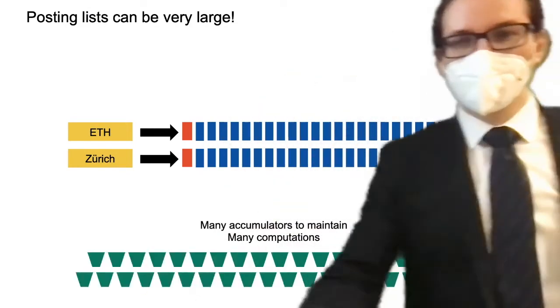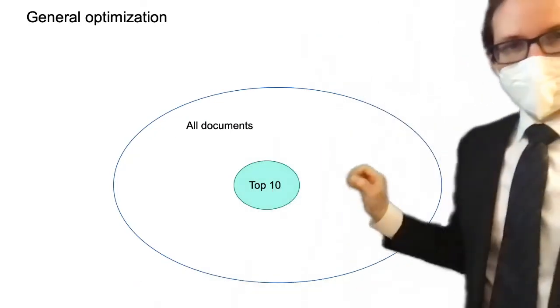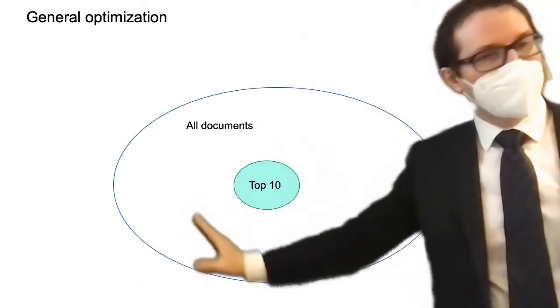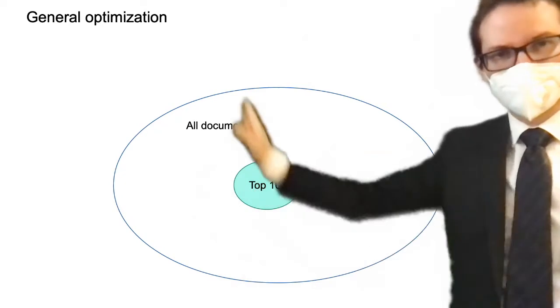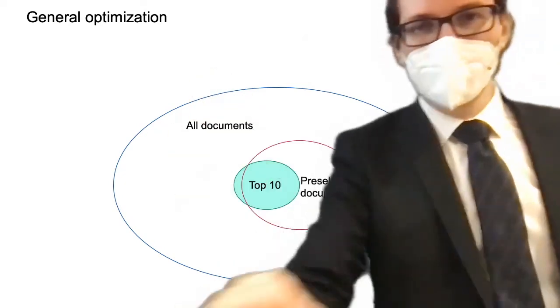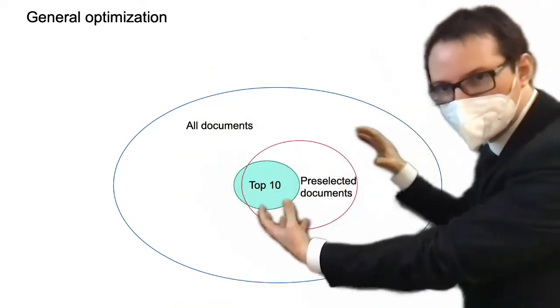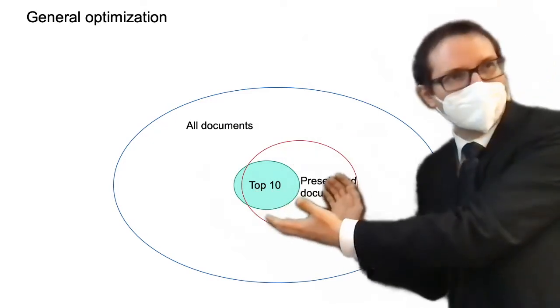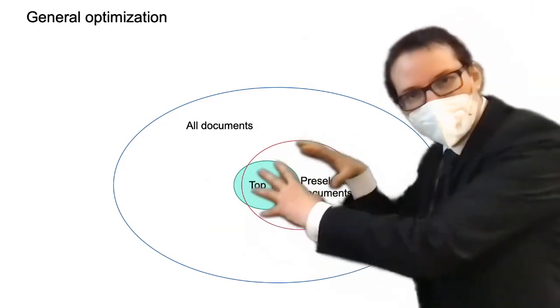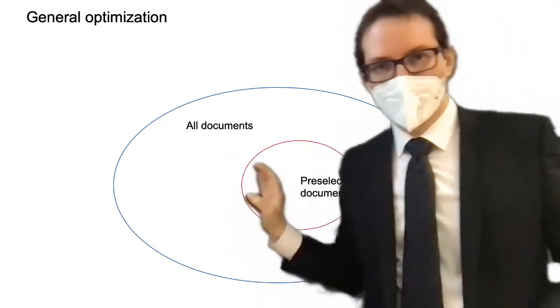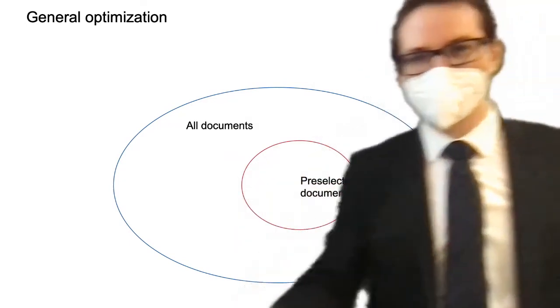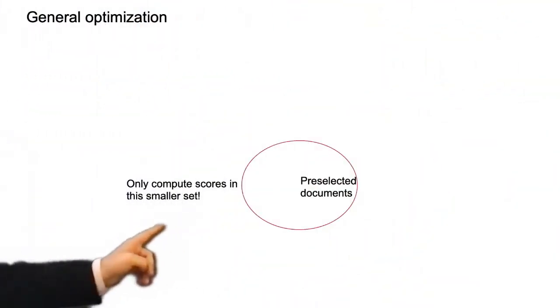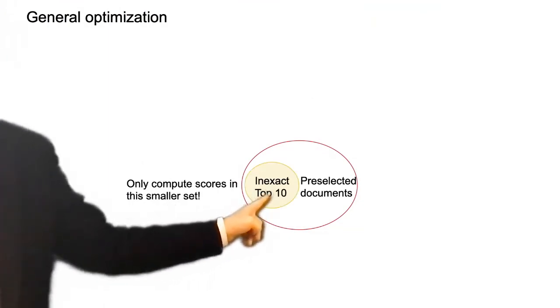So what we do is we reformulate the problem mathematically. Instead of finding the top 10 in a very large set, we pre-select some of the documents that we think are good candidates. And then within that set of pre-selected documents, we compute the scores and find a top 10.